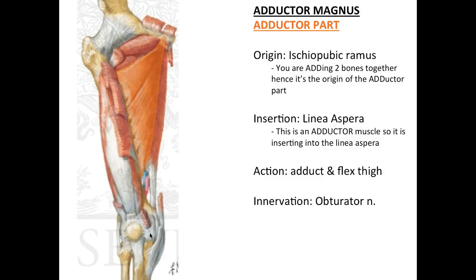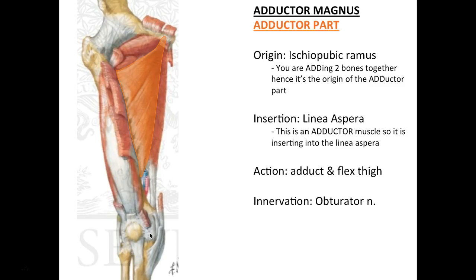It originates from a region on the pubis, that ischiopubic ramus. So I always like to remember this as you're adding the two bones together, hence the origin of adductor part is the ischiopubic ramus. The insertion, because it's an adductor muscle, is going to be linea aspera, and its action is to adduct and flex the thigh, like the rest of our medial thigh muscles.